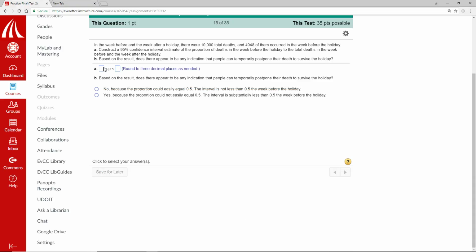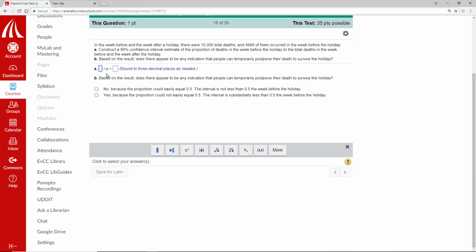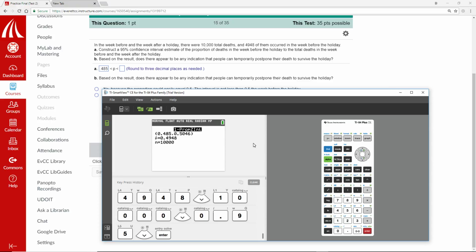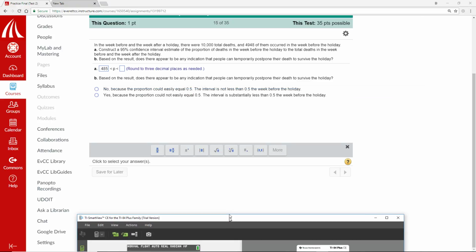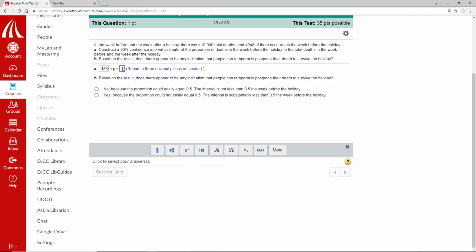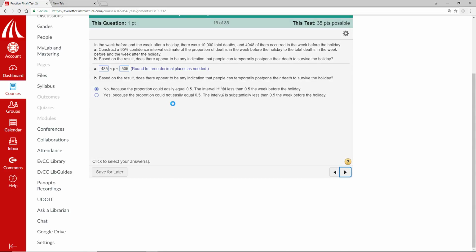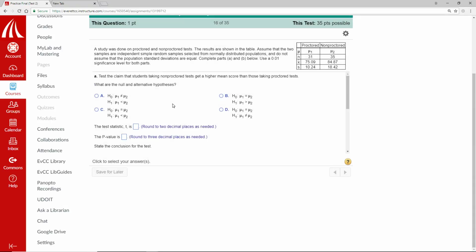So let's put this in. 0.485, and our other limit is going to be 0.505. And it says no because the proportion could easily equal 0.5. Absolutely. All right. That's what I got.